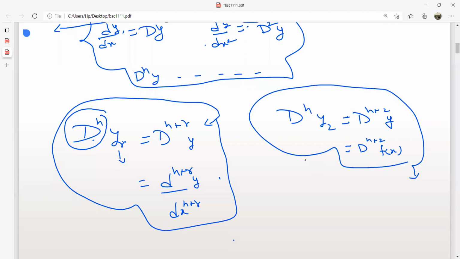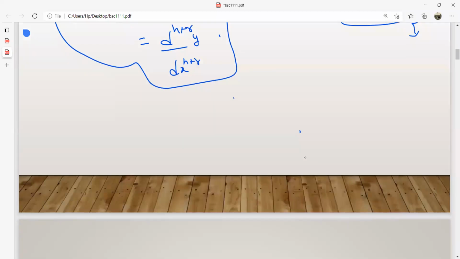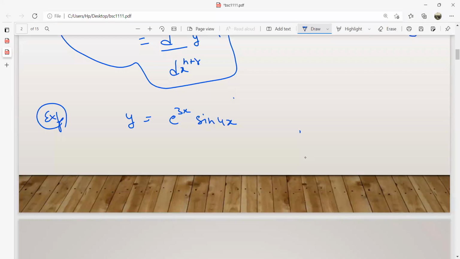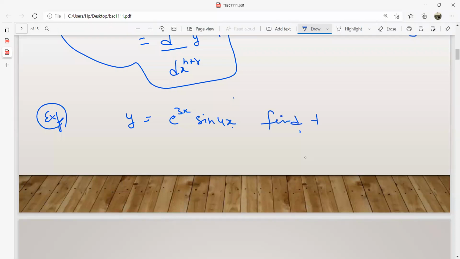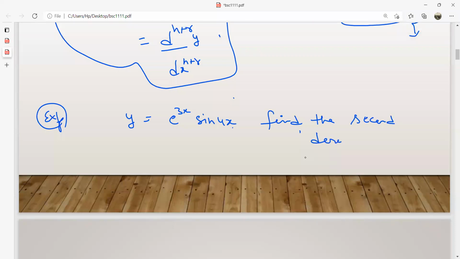I'm taking another example. Suppose in your question you are given a small example, y equal to e to the power 3x sine 4x, and it says find the second derivative. So here it directly says you have to just find the second derivative of this function.